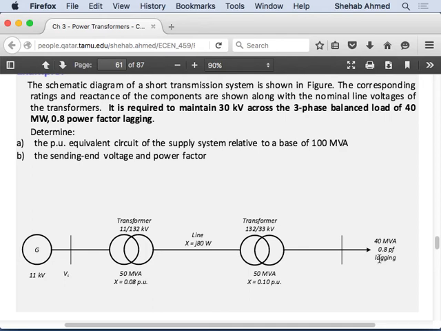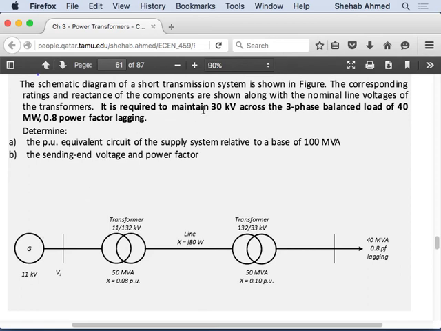The previous examples didn't have anything like that, but here they tell you that my load is 40 MVA, 0.8 power factor lagging. They are asking you what voltage is at the sending end, and what power factor the generator is operating at, right? So it's basically chapter 2 material applied to power systems.